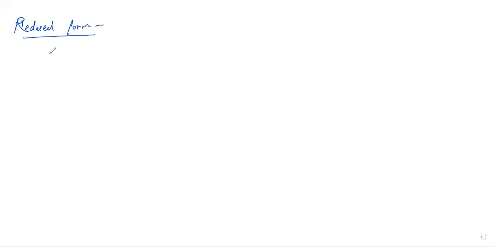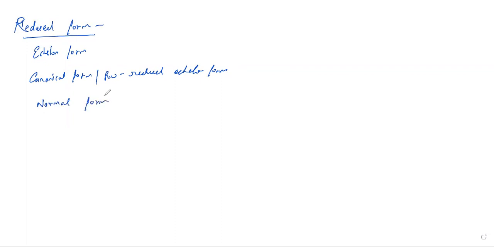We will study three types of reduced forms: echelon form, canonical form, or you can say row reduced echelon form, and the other one is the normal form. So we will see these three types of reduced forms of the matrices.